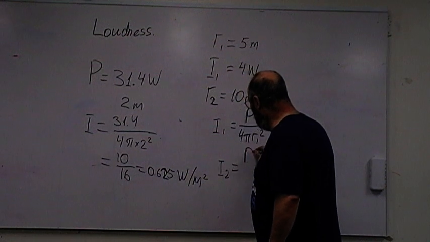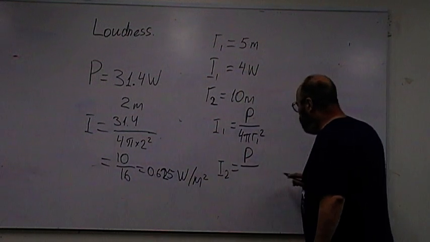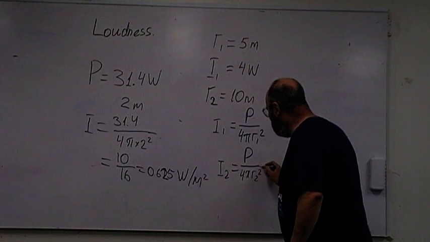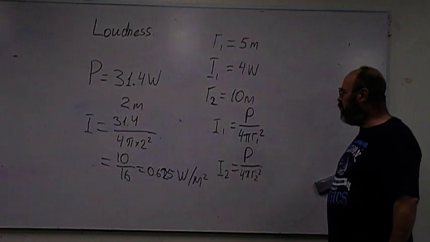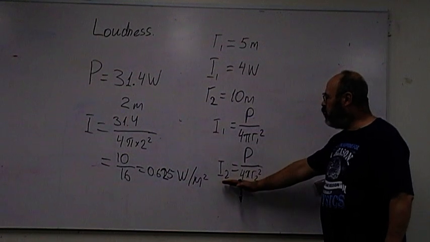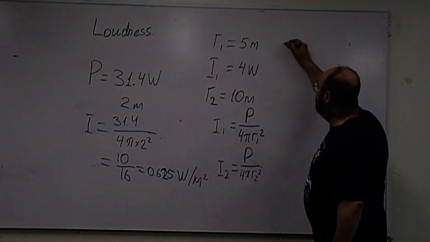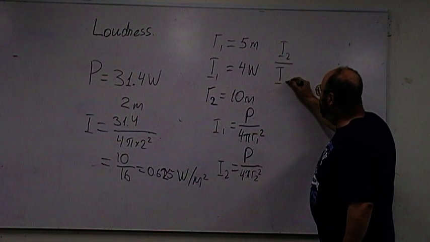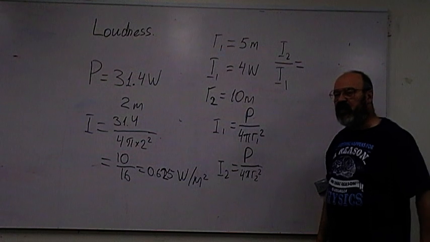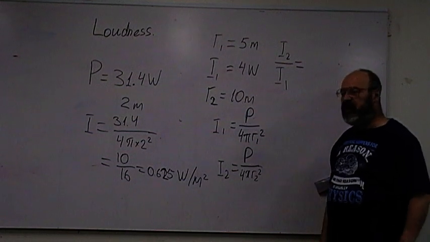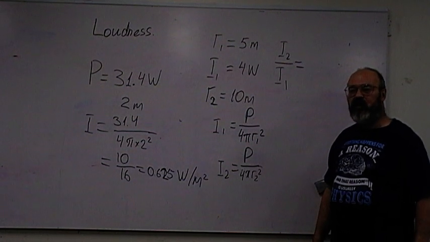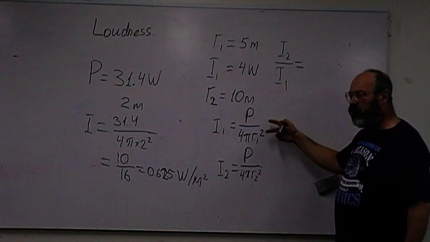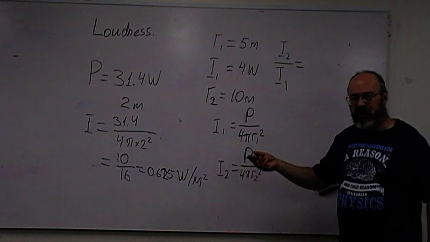If you write, we have I1 equals power divided by 4 pi R1 squared. I2 equals power divided by 4 pi R2 squared. So if we divide intensity 2 by intensity 1, the power will cancel out, 4 pi will cancel out, and because we divide fraction by fraction, how do we divide by a fraction?